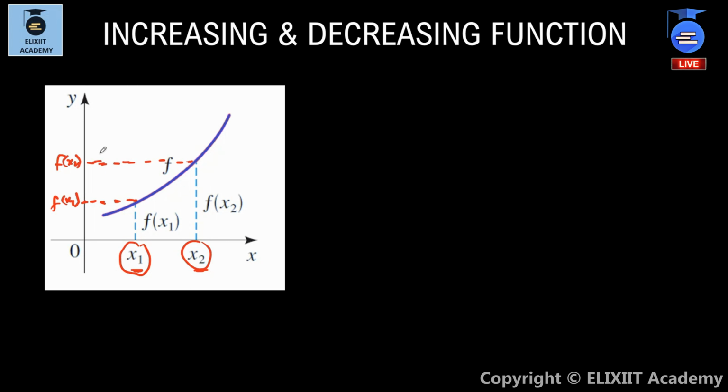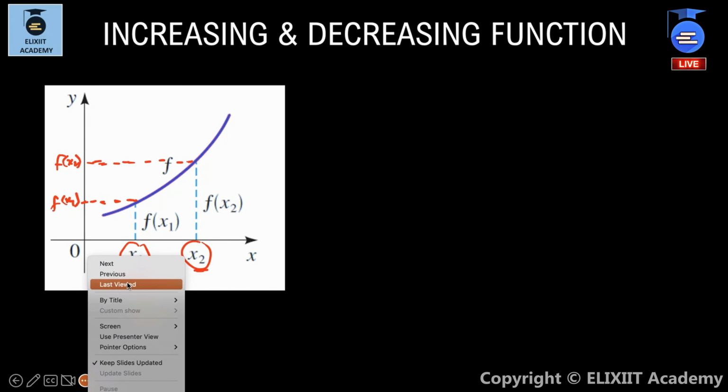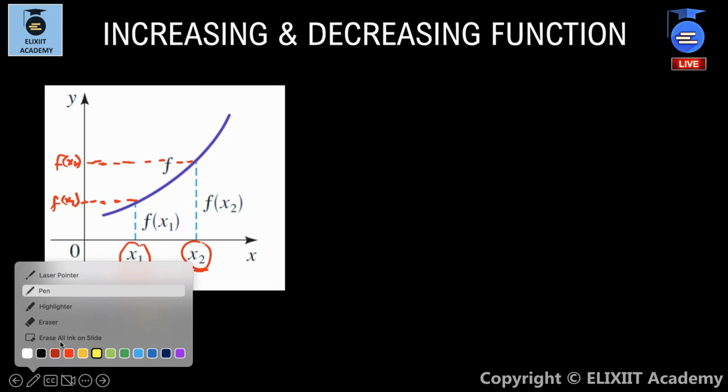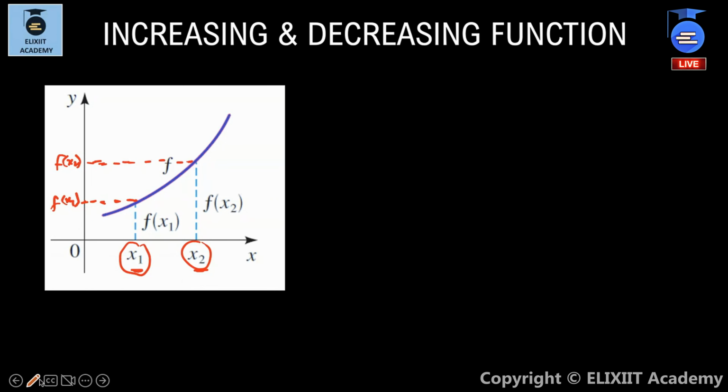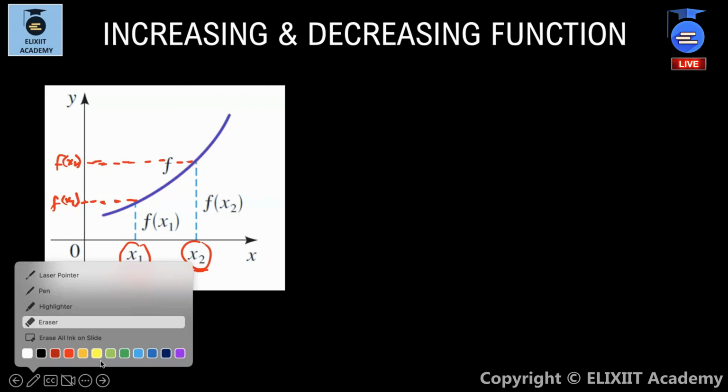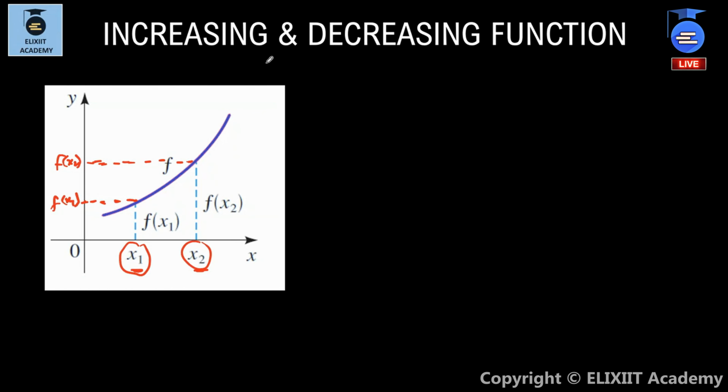So what is the inequality you are getting from here? Let me write it somewhere over here. Observation is, as x1 is less than x2, you can see that f of x1 lies below f of x2, which means f of x1 is less than f of x2.